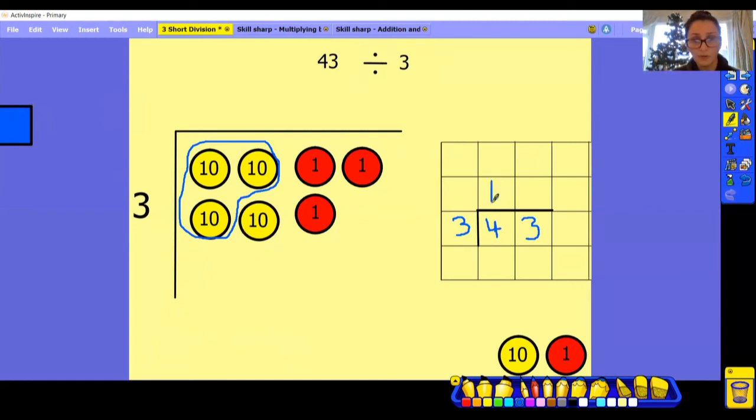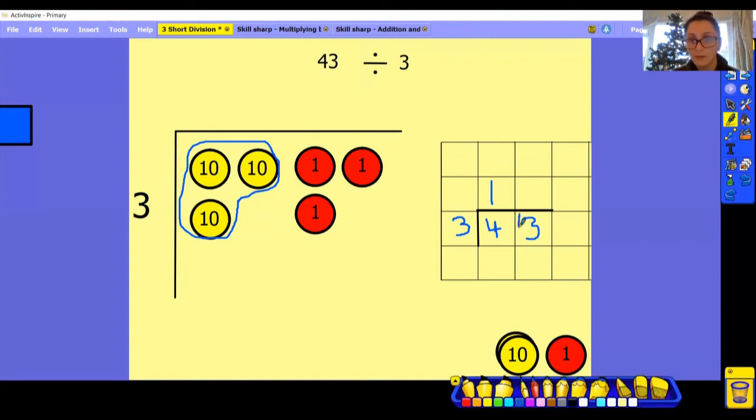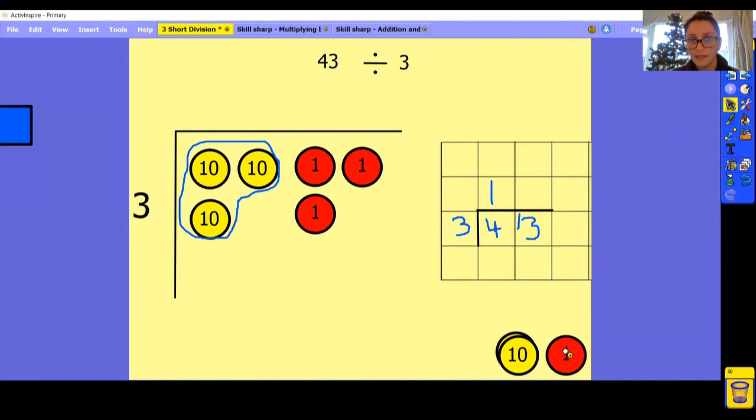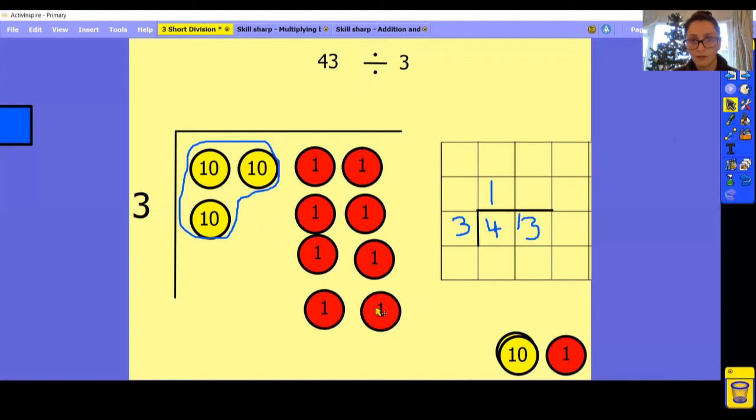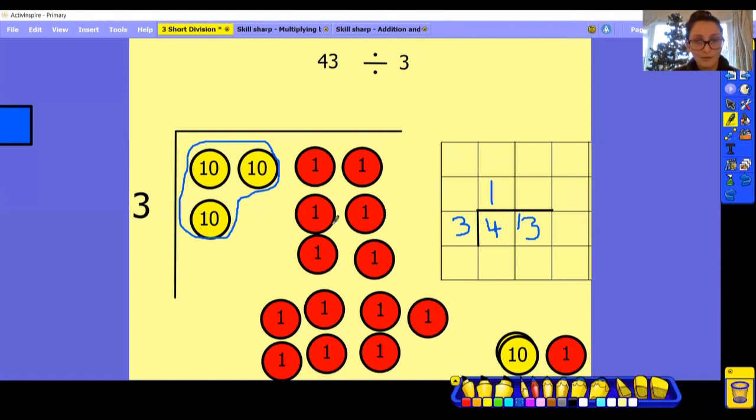So I'm going to put 1 group here and carry over this 10 into the ones column and put the 10 here. 1, 2, 3, 4, 5, 6, 7, 8, 9, 10.